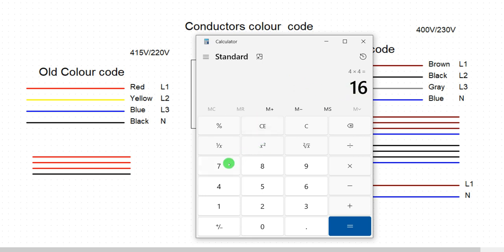So if I have 400 minus 16, they are telling you that your nominal voltage supply should not go below 384 volts, so that your circuit, your installation and your appliances or equipment will work safely and optimally. So make sure you manage your voltages within this stipulated range. That is what we are telling you.